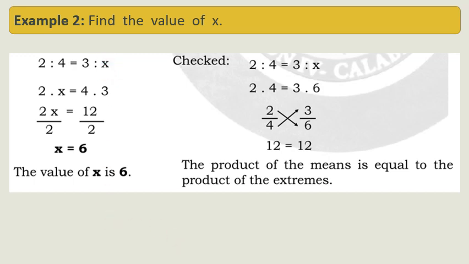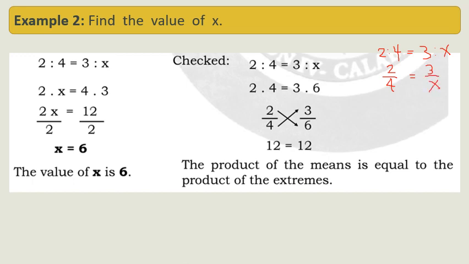So, dito tayo sa dulo para resolve natin. We have 2 is to 4 at saka 3 is to x. Pwede natin siyang gawing fraction form. 2 is to 4 at saka 3 is to x.